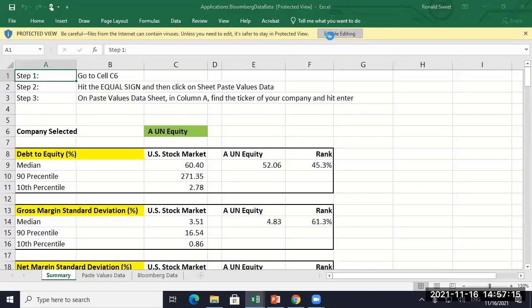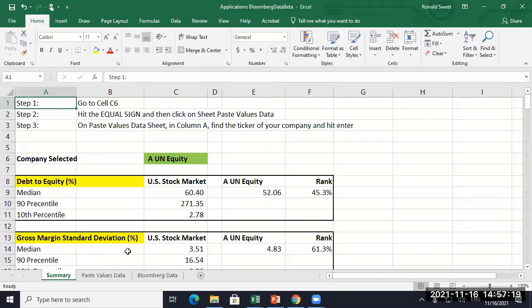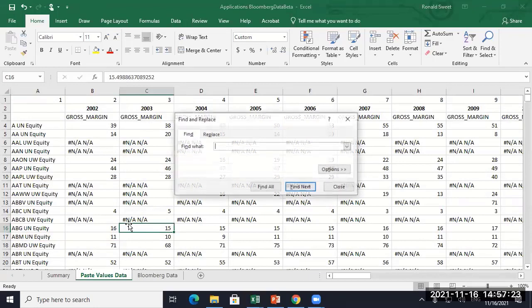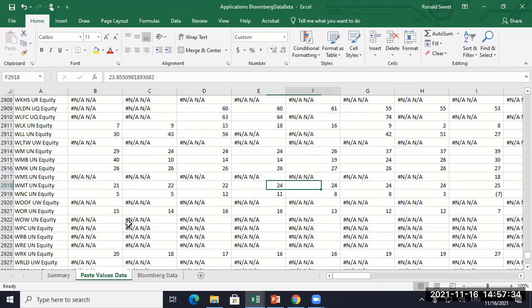All right, so this file here. What I recommend you do before you click here is go to the page value page and find your company. Usually you can type your ticker, space, and the letter U, and that should get you there. So there's Walmart right there. Here are their gross margins, fairly stable gross margins.